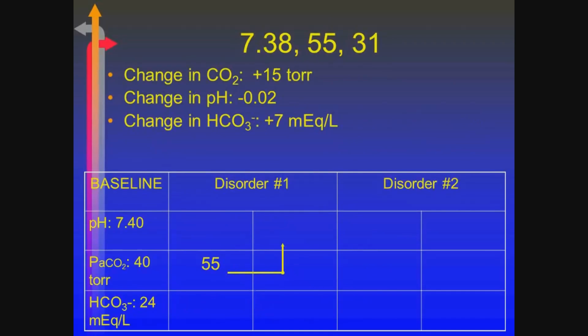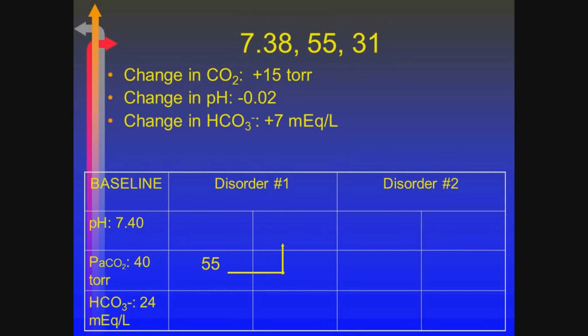So using our rules that you have there, let's see if this makes sense, if I can justify this. First of all, my change in CO2 from normal is 15. My change in pH is 0.02 pH units, and my change in bicarbonate is 7. Everybody see where I got those from? Okay. Going from the midpoint of the normal range.